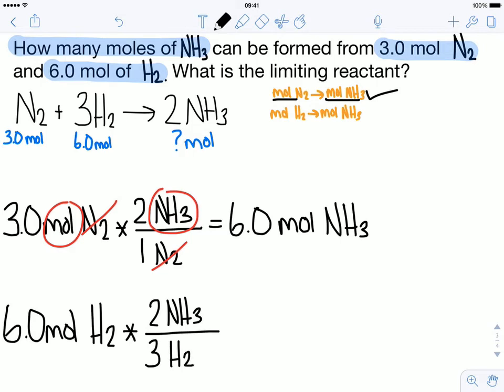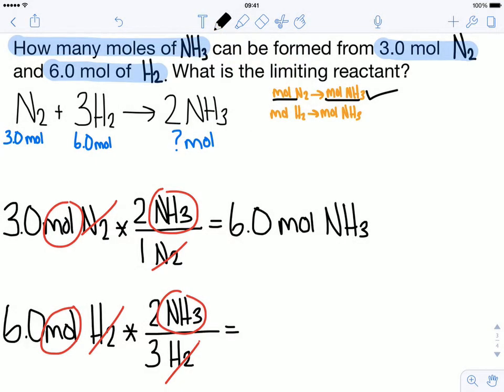And I'm going to put H2 in the bottom because that's what I want to cancel out. And again, if you have no idea what I'm doing right now, go back and watch the stoichiometry video. In the beginning, I talk about molar ratios, and that should fill in the gap on what I'm doing here. Okay, so H2 cancels out with H2, and we're left with moles of NH3.